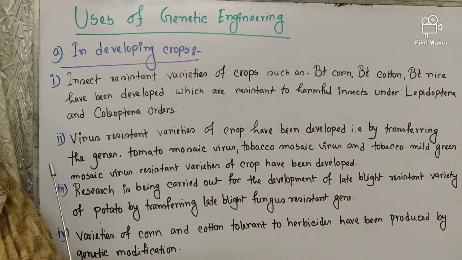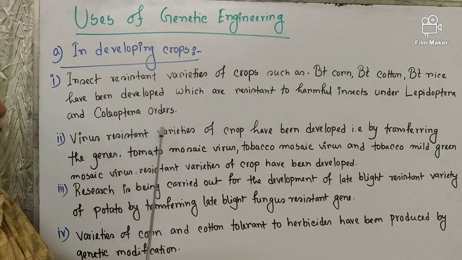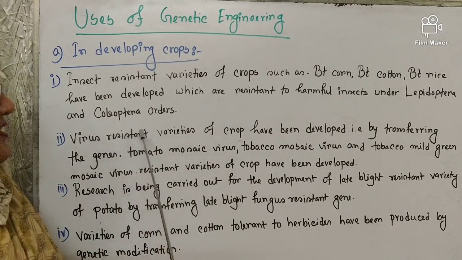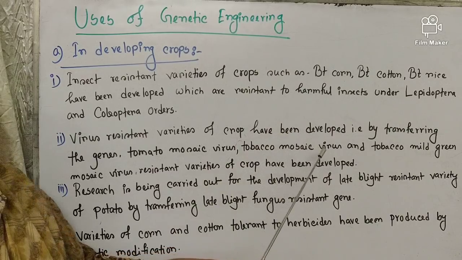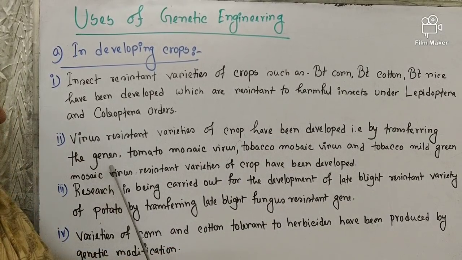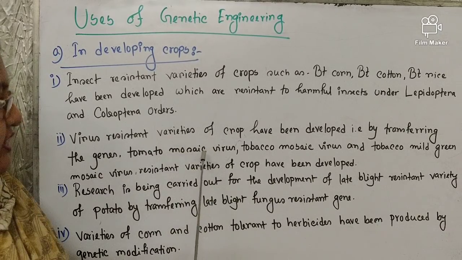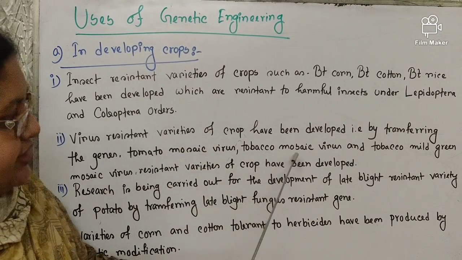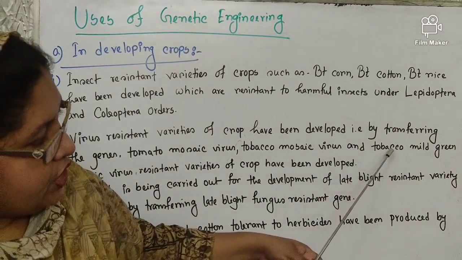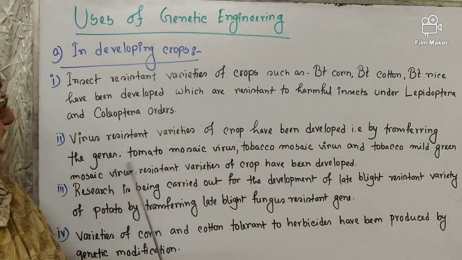Next, it is also possible to produce virus resistant varieties. Virus resistant varieties of crops have been developed by transferring genes for resistance to tomato mosaic virus, tobacco mosaic virus, and tobacco mild green mosaic virus.